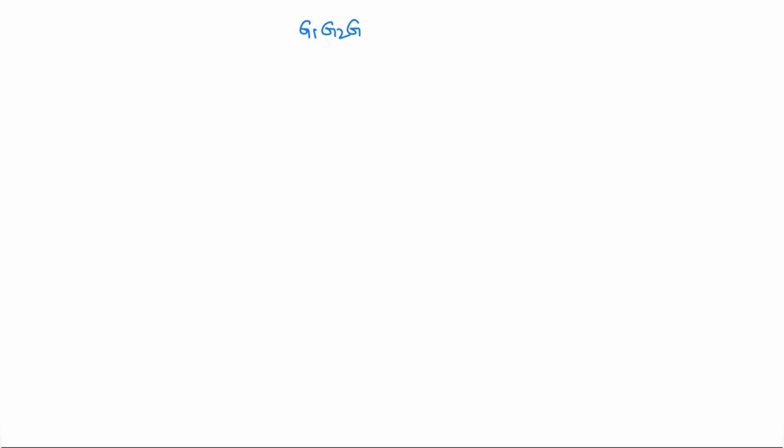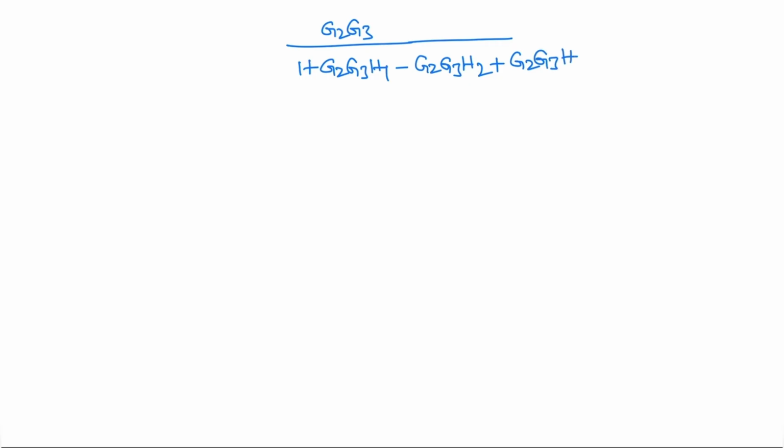So from this we will get the equivalent value as G2 G3 divided by 1 plus G2 G3 H1 minus G2 G3 H2 plus G2 G3 H3.